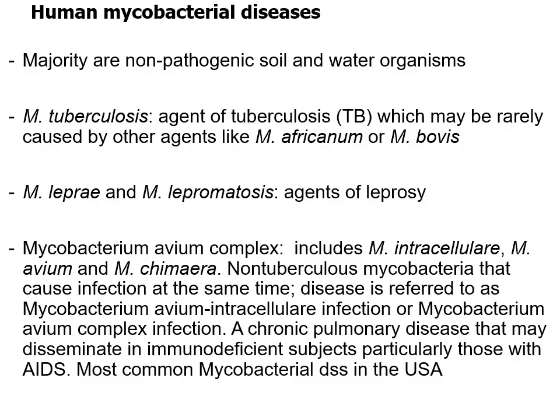Here what happens is a chronic pulmonary disease that could disseminate in immunodeficient subjects. So it's mostly seen in the immunocompromised, especially people who have AIDS. It is the most common mycobacterial disease in the United States, which is unlike what you see in most of the world, where the most common disease you see worldwide under this genus would be the Mycobacterium tuberculosis.